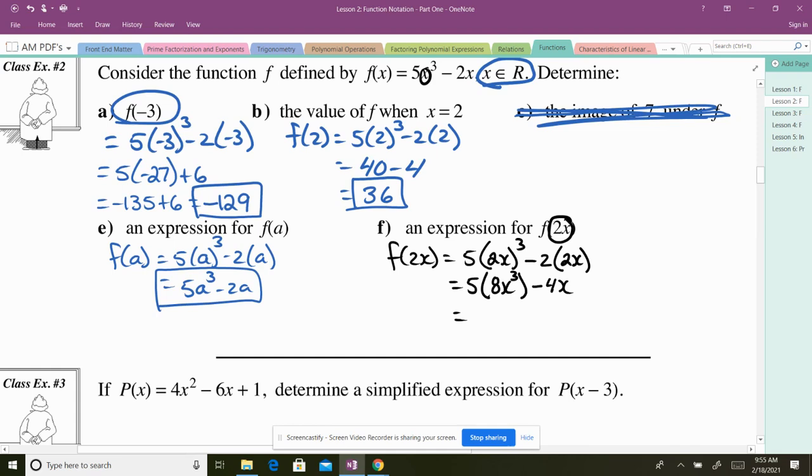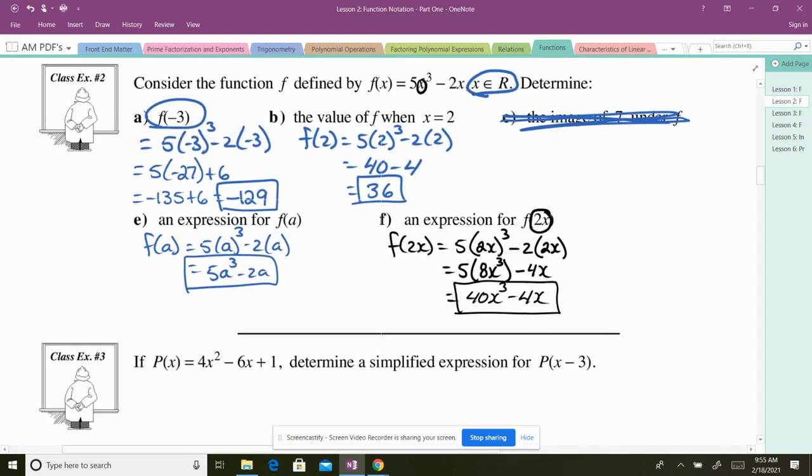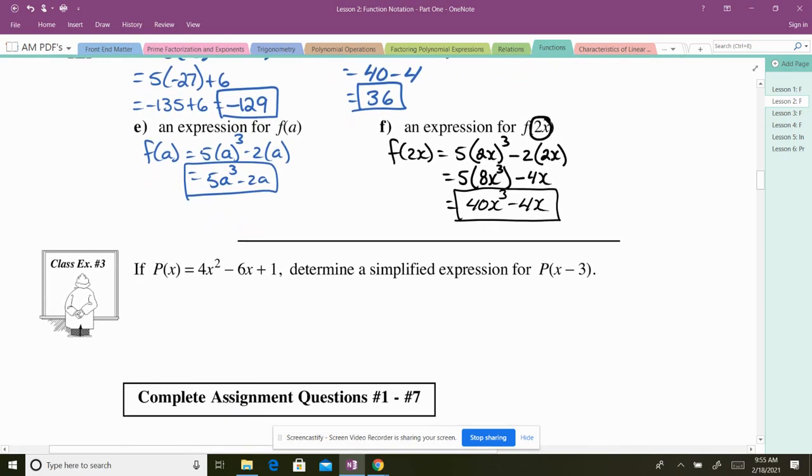Then what do? 5 times 8, which is 40. So I just get 40x cubed minus 4x. It is polynomials, exactly. Everybody's favorite. Perfect. Well, we don't do any factoring in this unit, so. Although grade 11's all factor.